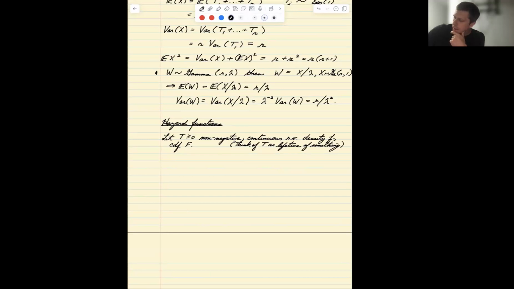Then let's define a function, lowercase lambda of t, as the probability that T is strictly greater than t but less than or equal to t plus dt, given that T is greater than t, divided by dt.